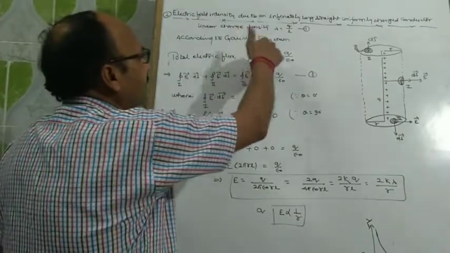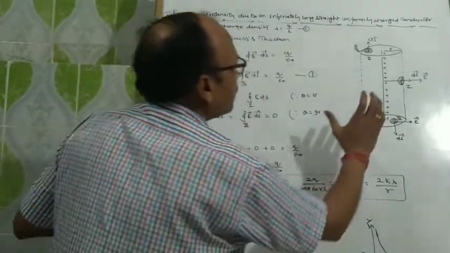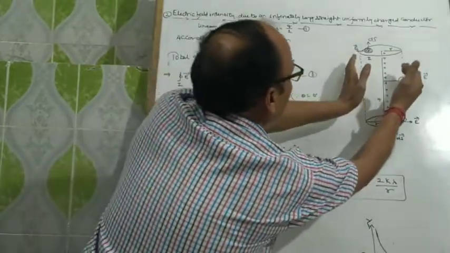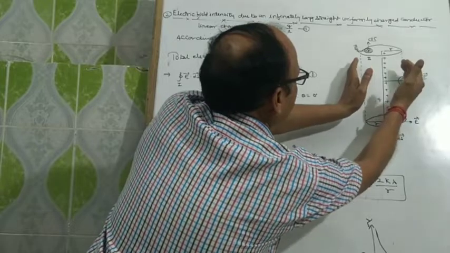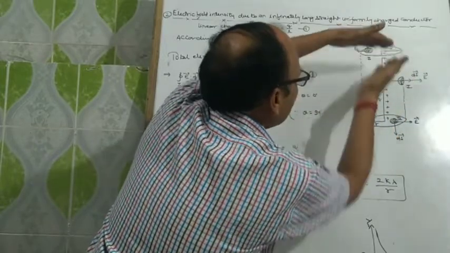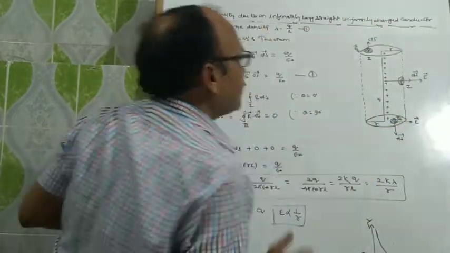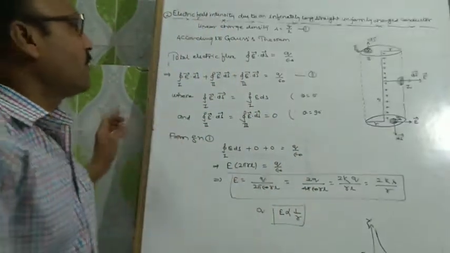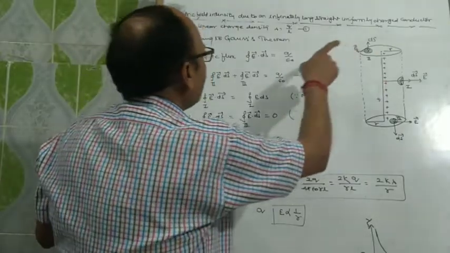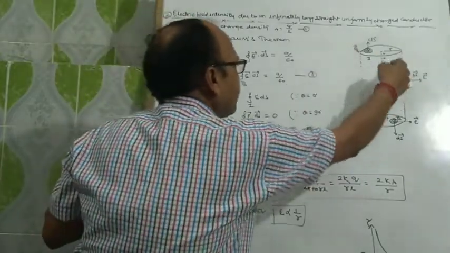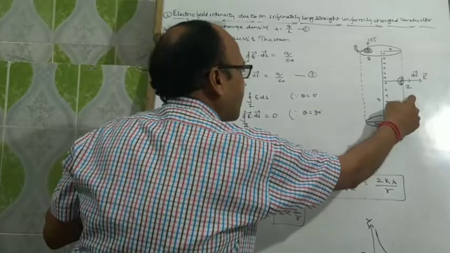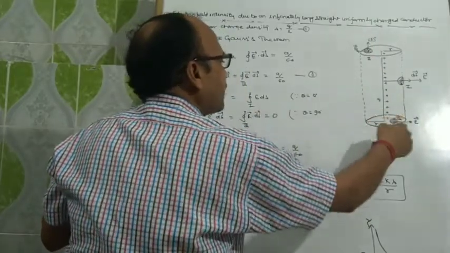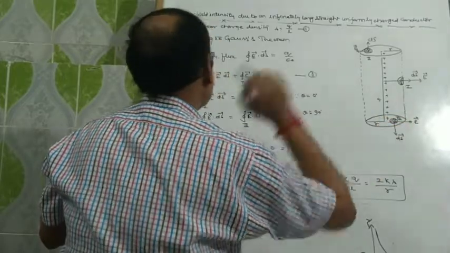This total electric flux will be equal to the sum of the electric flux from this curved surface and from these two cross sectional surfaces. It means there are three surfaces here: first the curved surface, second this cross sectional surface, and third this cross sectional surface.